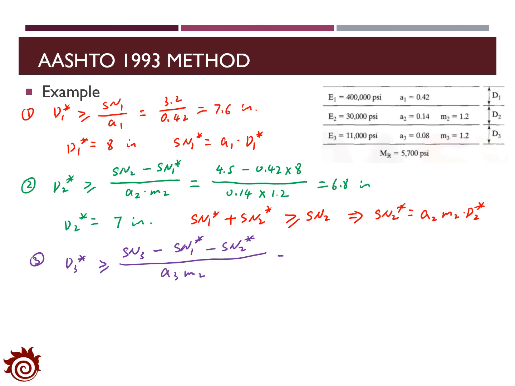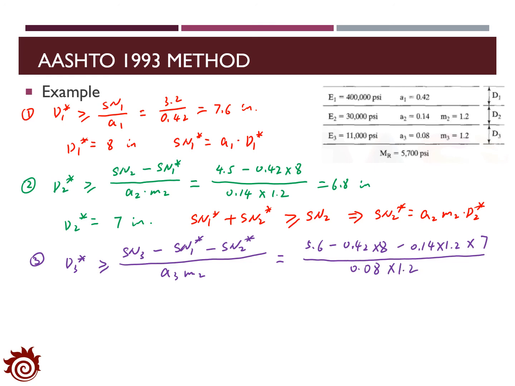That is 5.6 minus 0.42 times 8 minus 0.14 times 1.2 times 7, divided by 0.08 times 1.2.